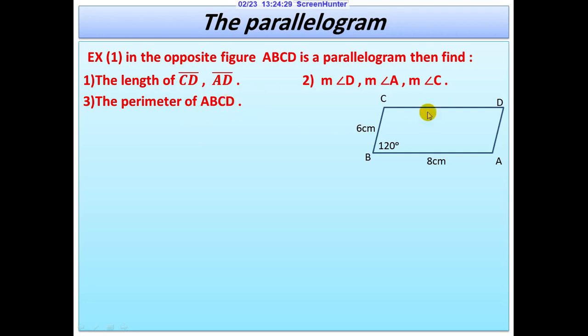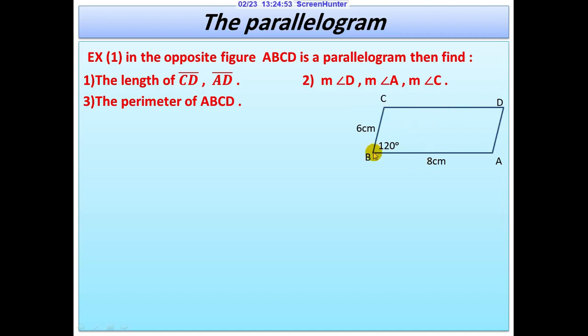We know when he gave me this shape and said this is a parallelogram, it means we can use all properties of the parallelogram to find the required sides and angles. So, how to solve that? How to find the length of CD? We know the length of CD must equal the length of AB, so it will equal 8 centimeters.